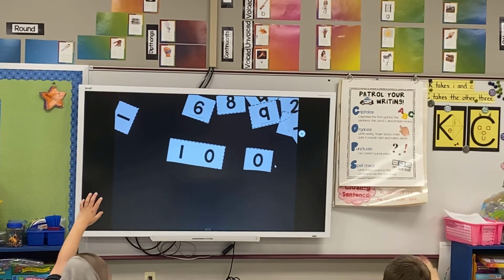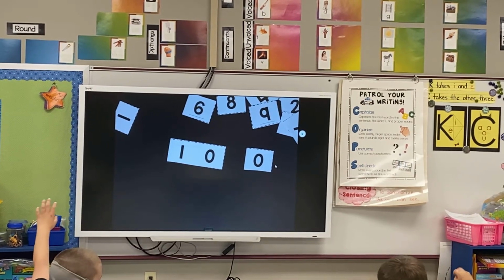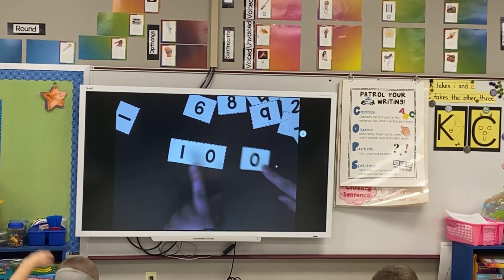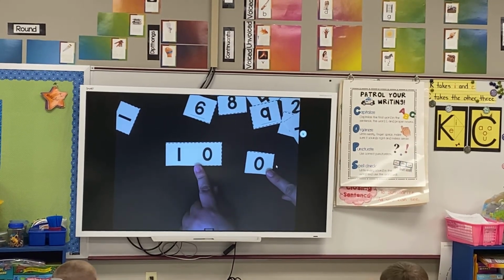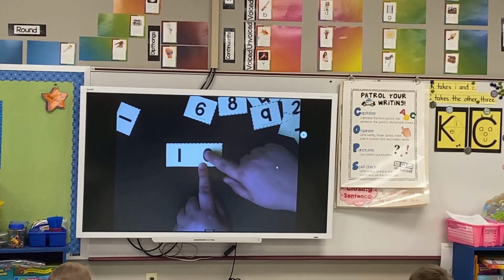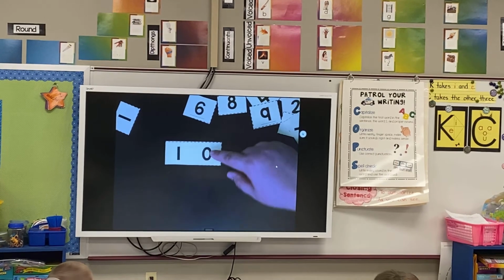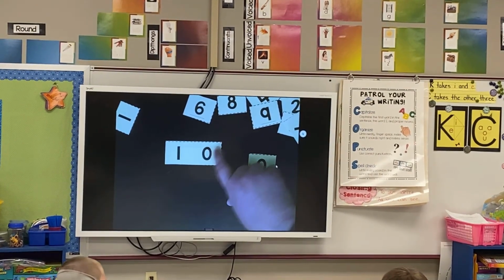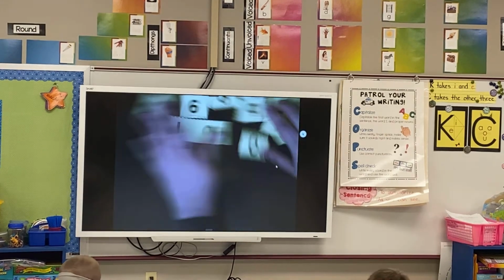Jaden. Okay, so there's 0 and there's 10. Good. So 10, even though there's a 0 in the ones place, that means that you have no ones. You have 0 ones.